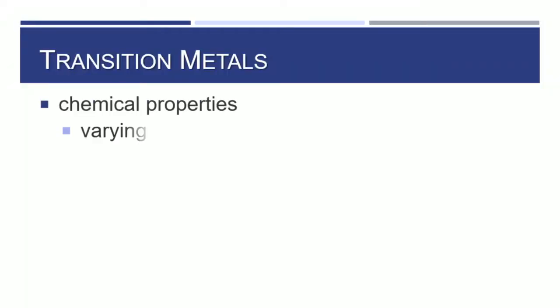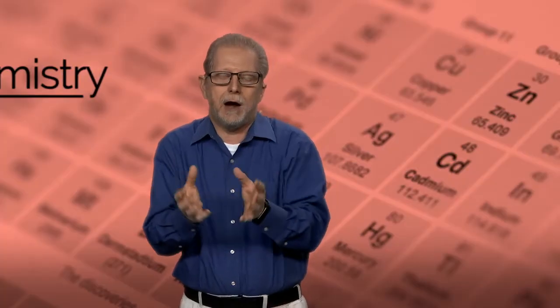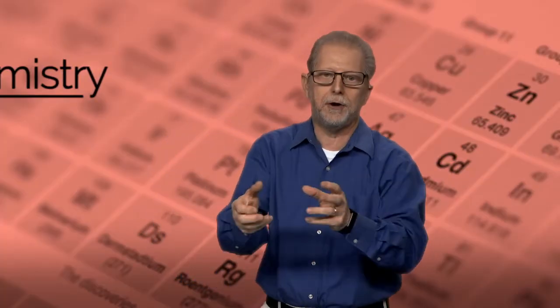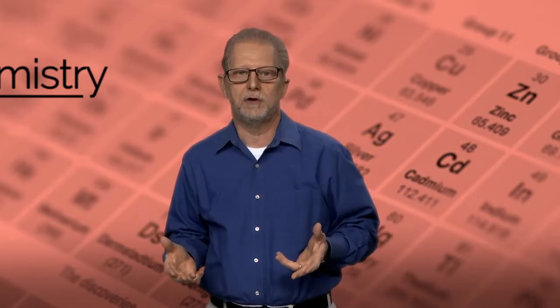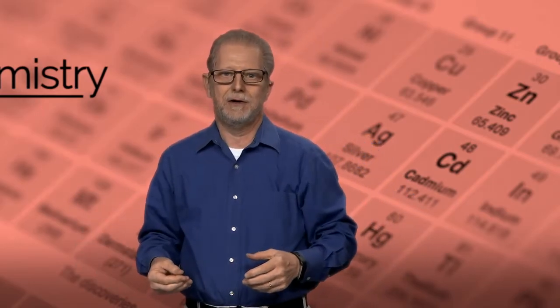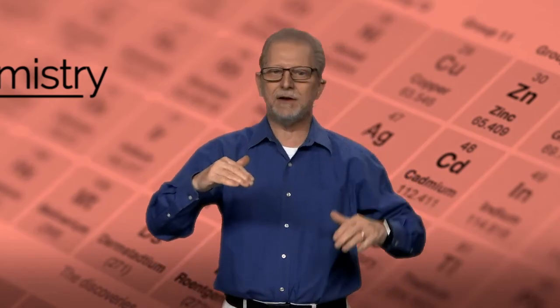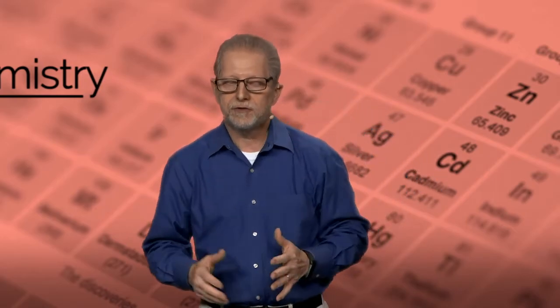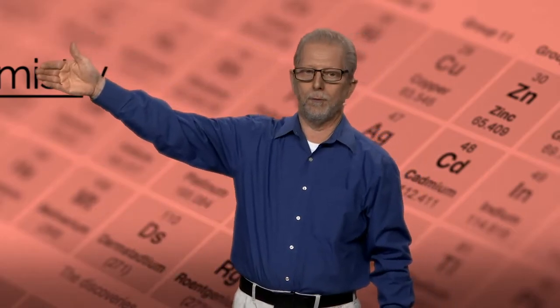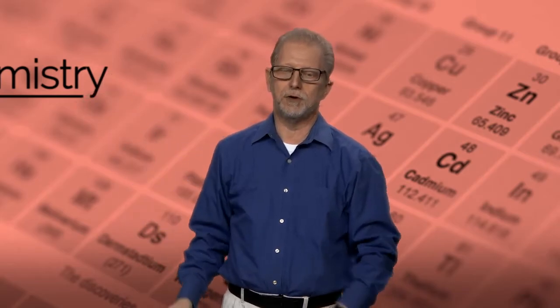The chemical properties, they're varying in their reactivity. Like iron will rust; if you put pure iron in water, it will rust in hours. It will react. Will gold rust? Nope. So from nothing to very, very slow. So boom, group 1. Spit, group 2.